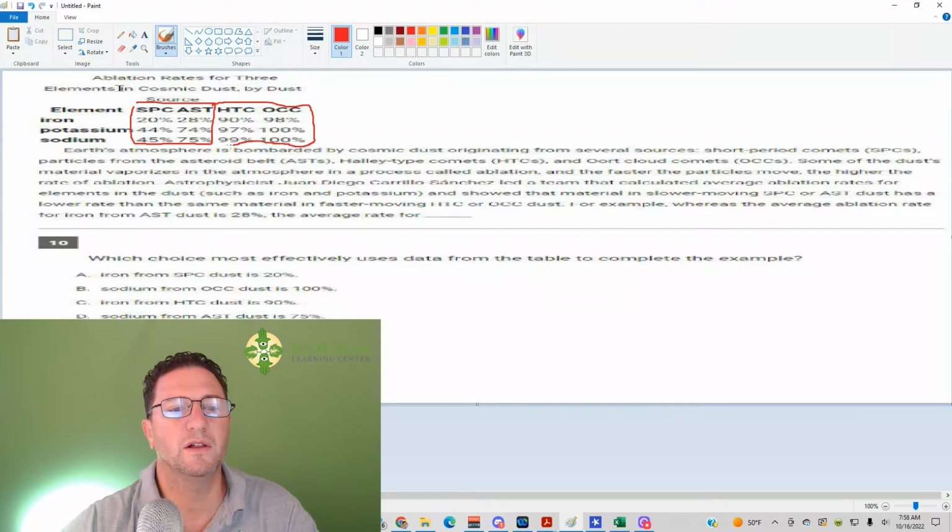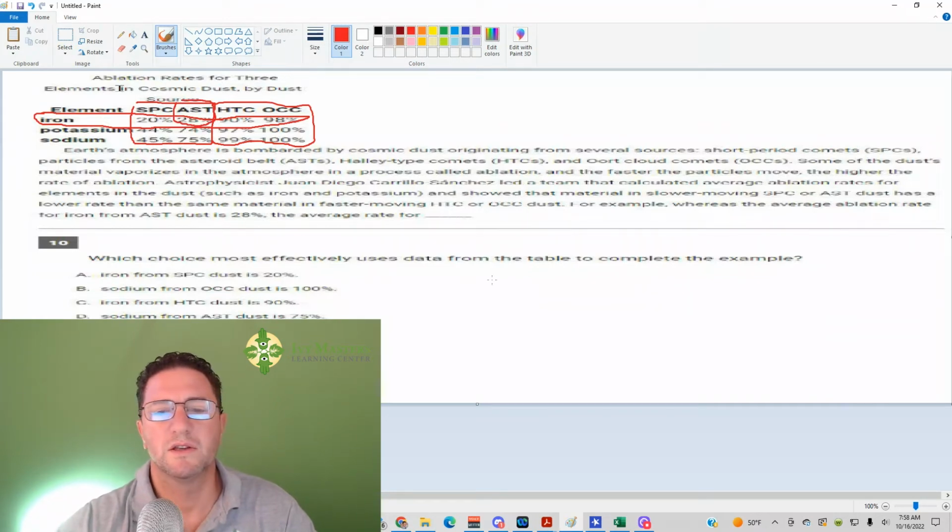Good, so you're following. And then the for example, whereas the average ablation rate of iron from AST dust is 28%. So we've got iron here, and we've got AST dust here, and then you see your 28% as your cross section. So it's an example of what was just stated.